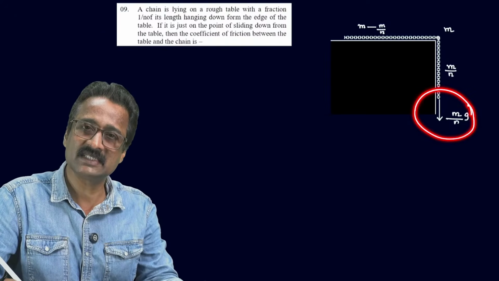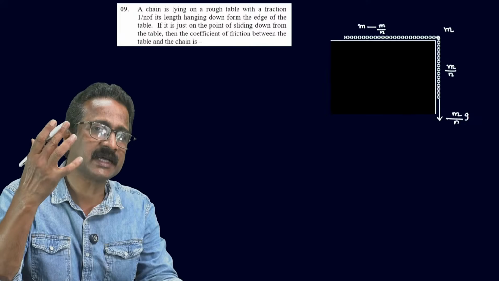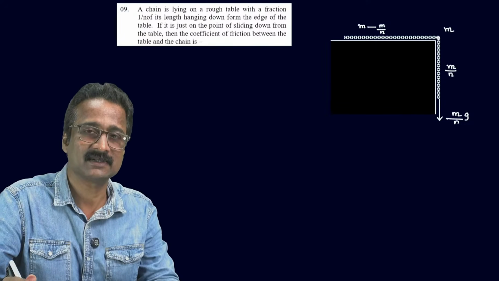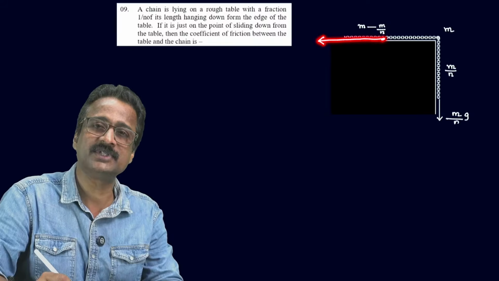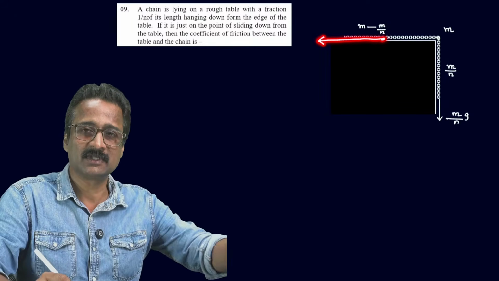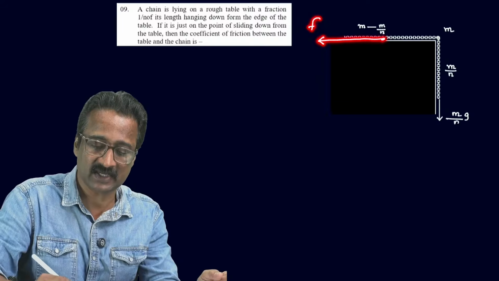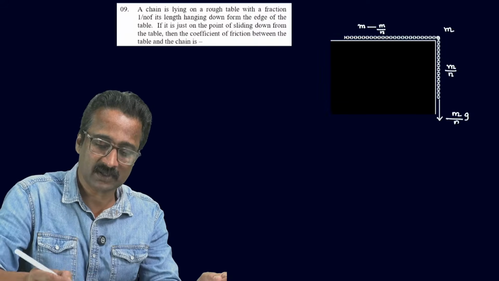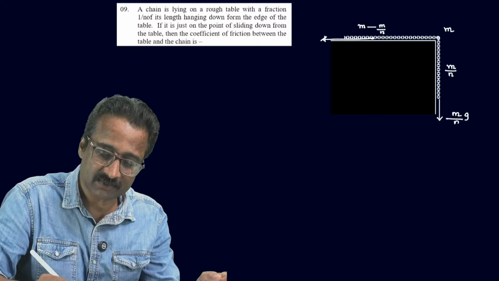Now even though there is an m by n g like this, there must be some force trying to resist it. Which is that? You know that it is nothing but friction because the whole chain is lying on a rough table. So the friction will be holding it back. So there will be static friction in this way, and that is Fs. Okay, static friction. I'm showing here that Fs is acting in the backward direction.